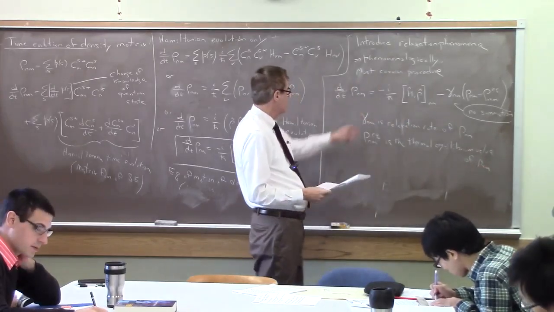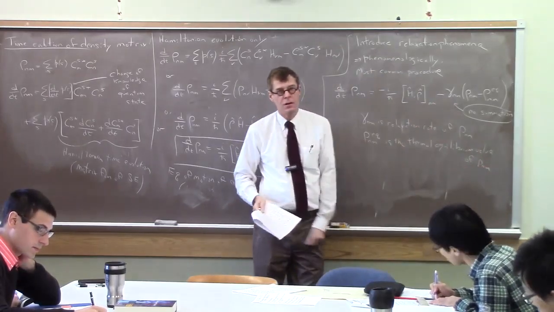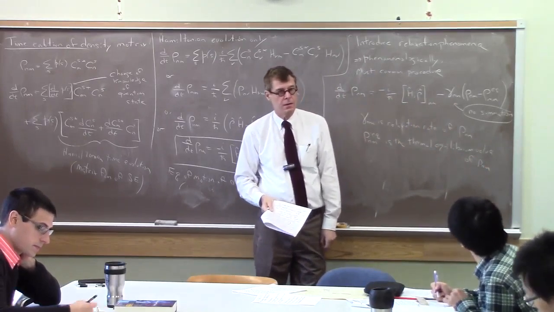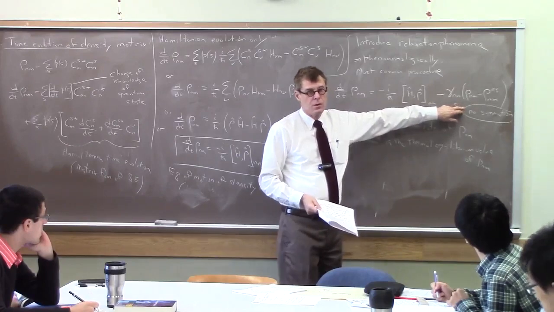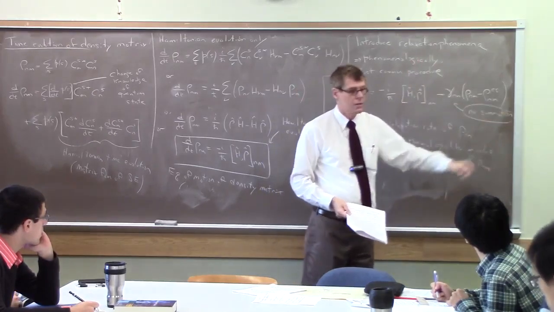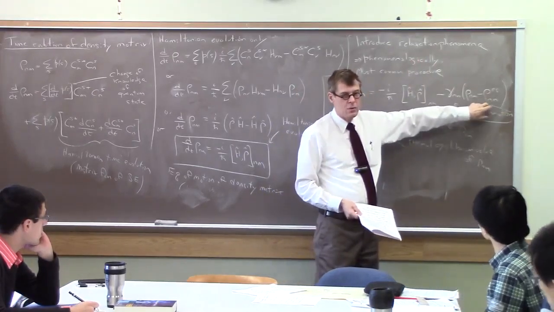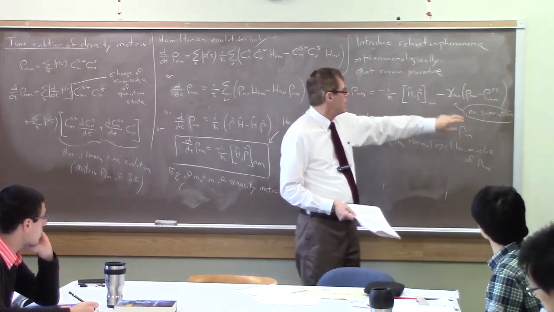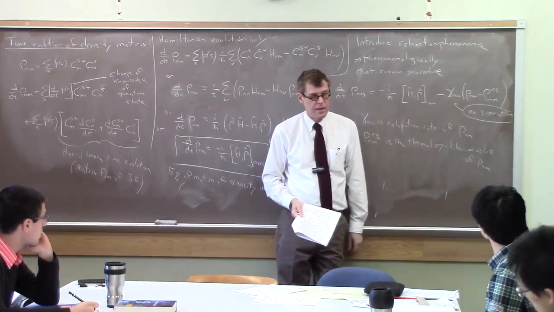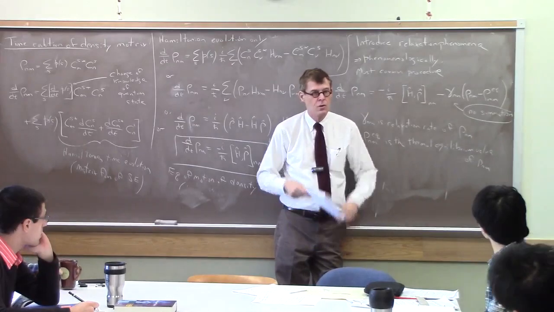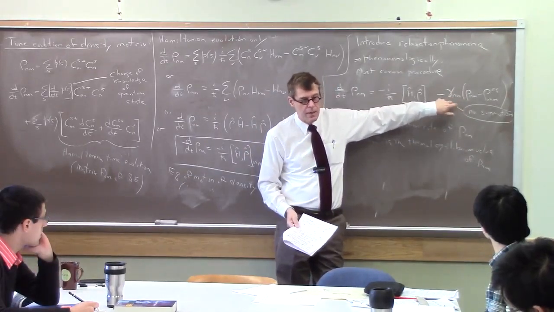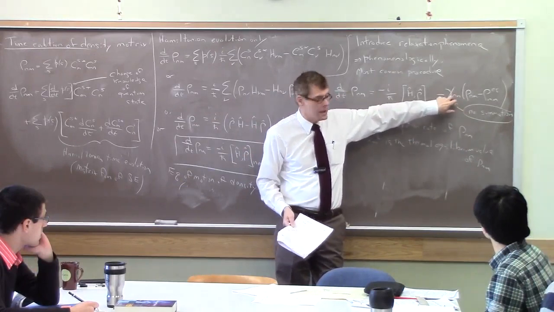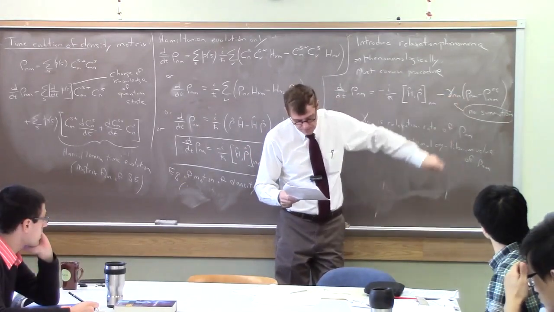So this equation here says that any element of the density matrix will relax or decay to its equilibrium value at a rate given by gamma nm, or equivalently in a characteristic time equal to the inverse of gamma nm.